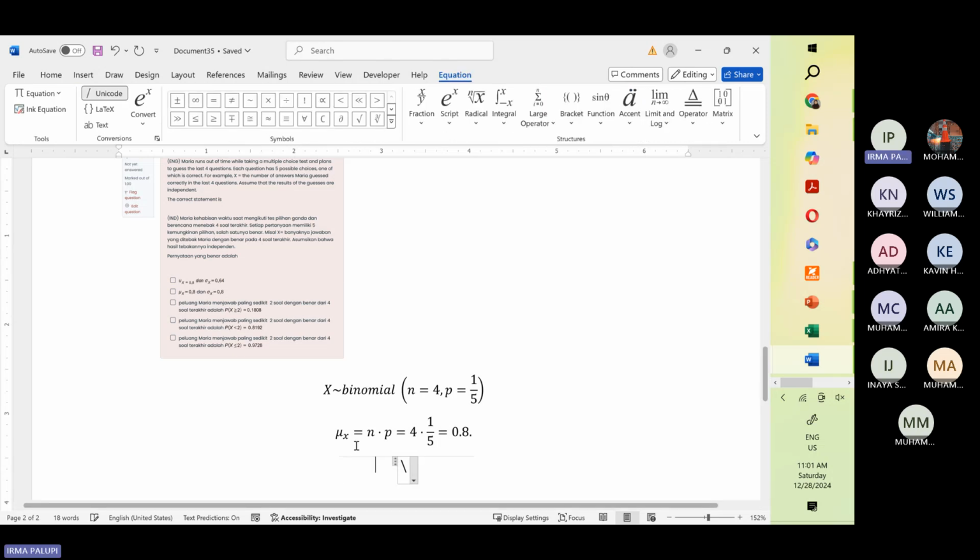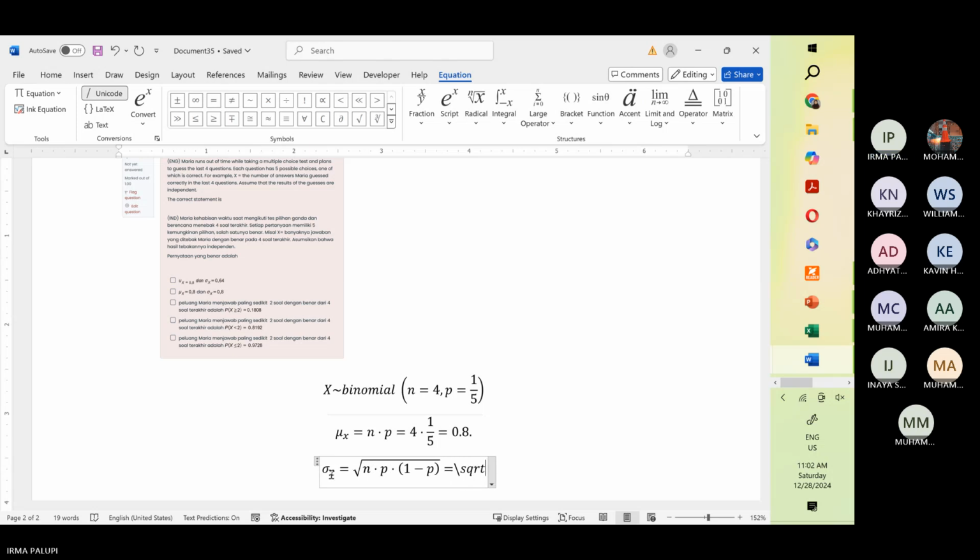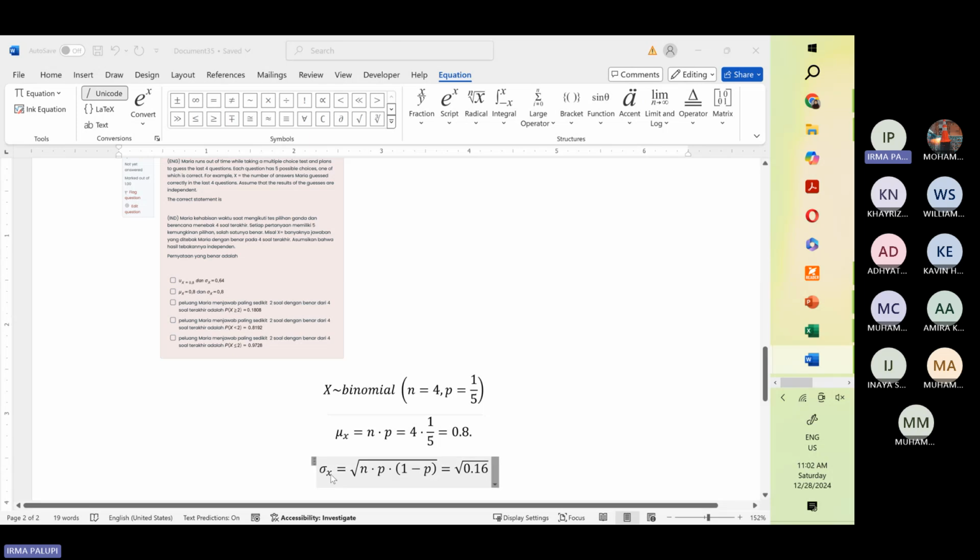And for sigma of x, which is the standard deviation of the random variable, this is the square root of n p q. So the answer is the square root of 0.8 times 0.2, right? 0.8 times 0.2 is 0.16. Let me recount.